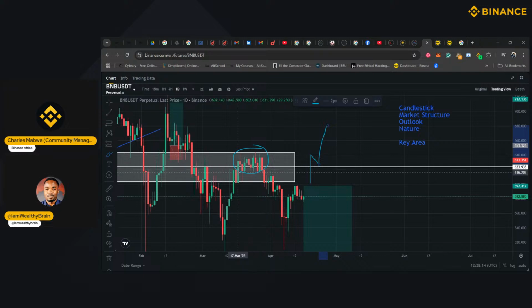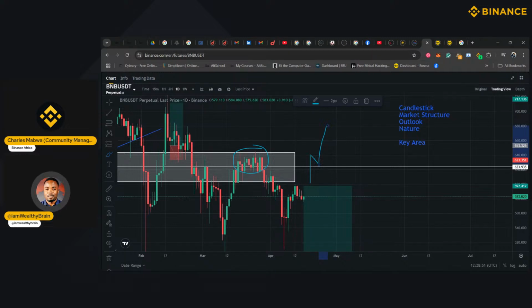Now, when it comes to oscillators, we have different types of oscillators. We'll be taking into consideration convergence areas, divergence areas, and their elements. So if you pick a technical indicator, you should be able to identify that particular indicator and the role it plays. It is very important because it will help you know what the market is doing.